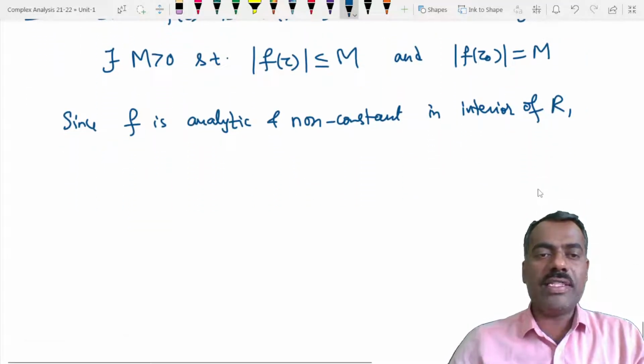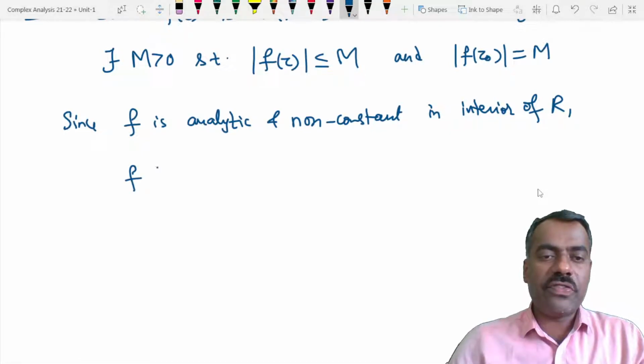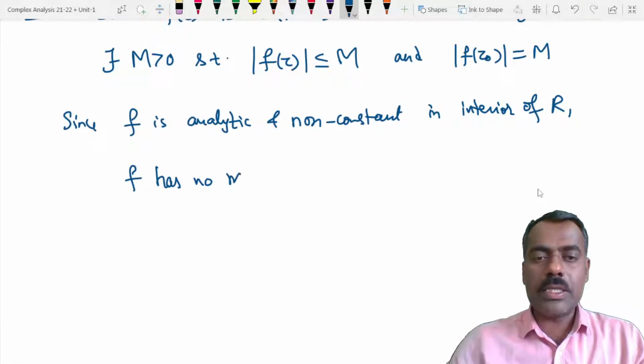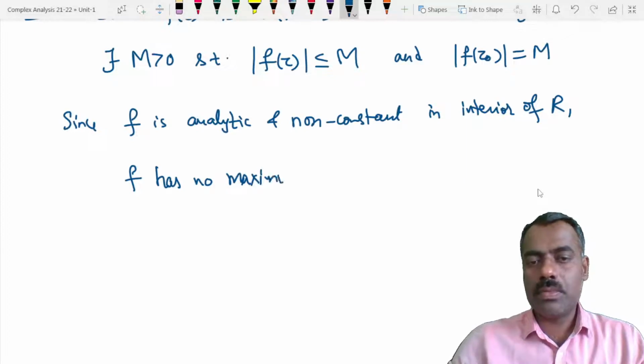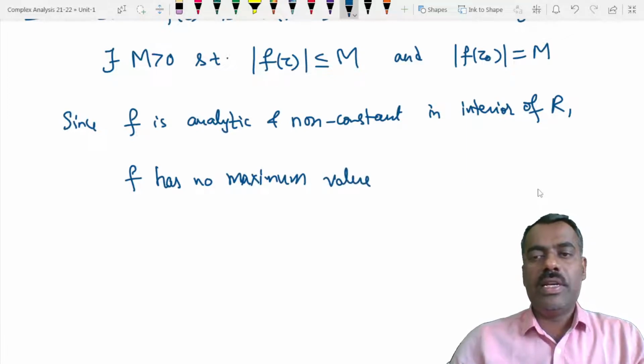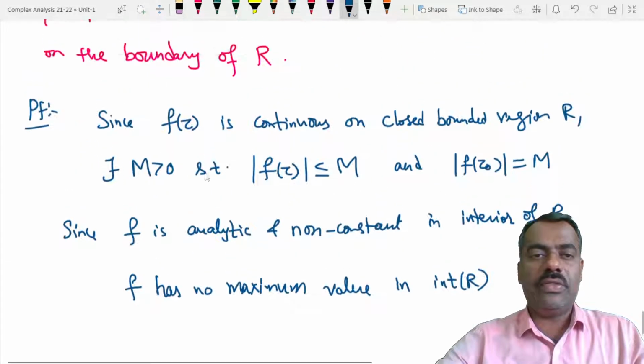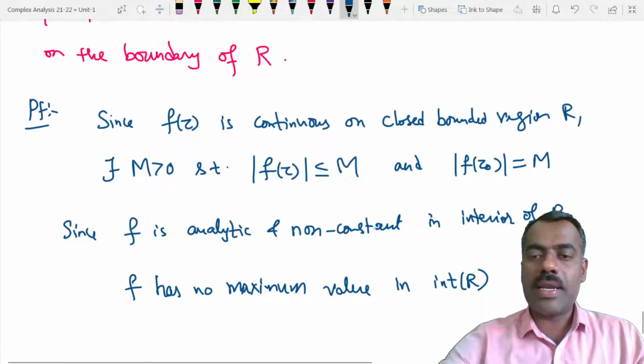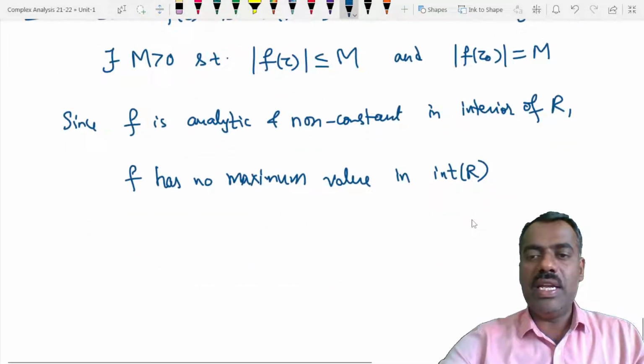So what we get here is that f has no maximum value in the interior of R. But one way we are saying that it has a maximum value in R, but it has no maximum value in the interior of R.